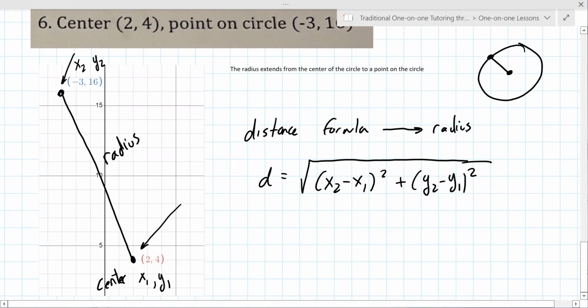All right, if you're looking at my screen, what is the value of x2?